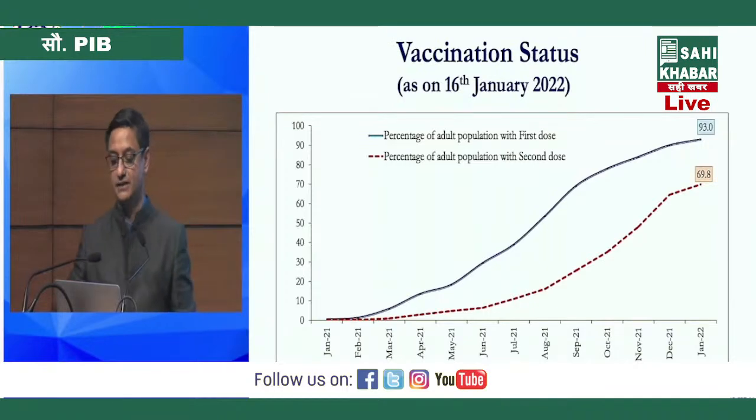And you can see that we have done rather well in terms of percentage of adult population with the first dose. We have now crossed 93%. Percentage of adult population with second dose was about 70% at the time of writing. This is moving so fast that by now this has already moved on from this.